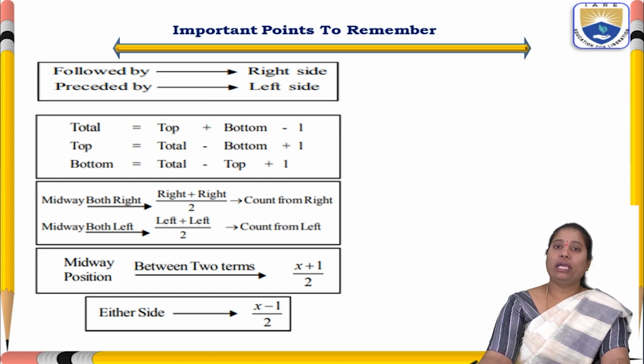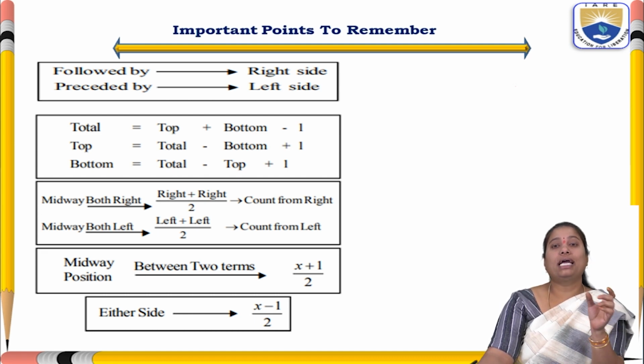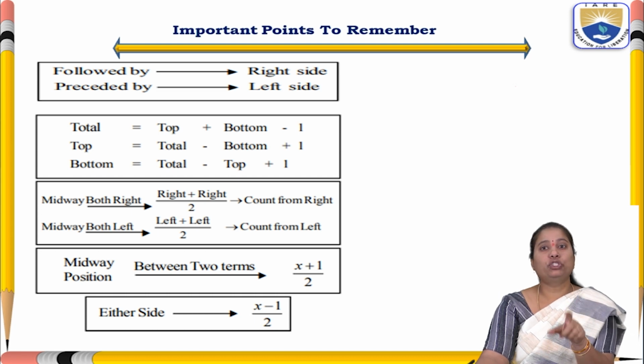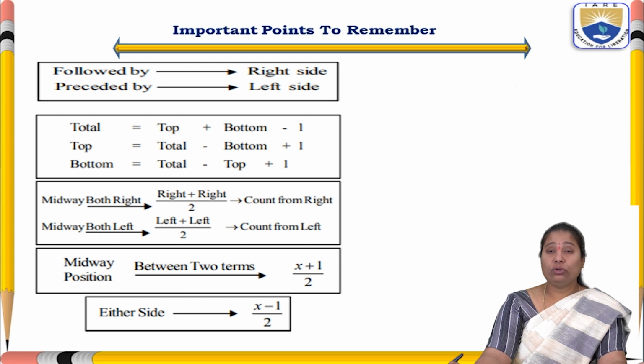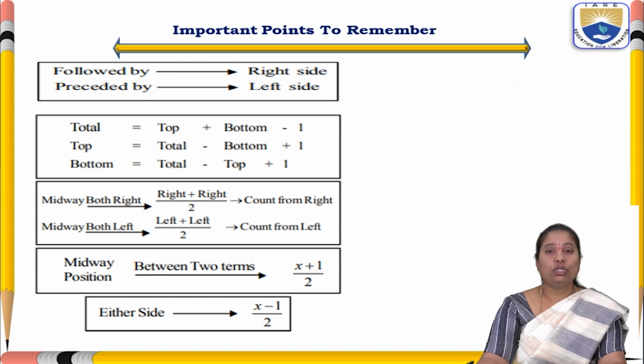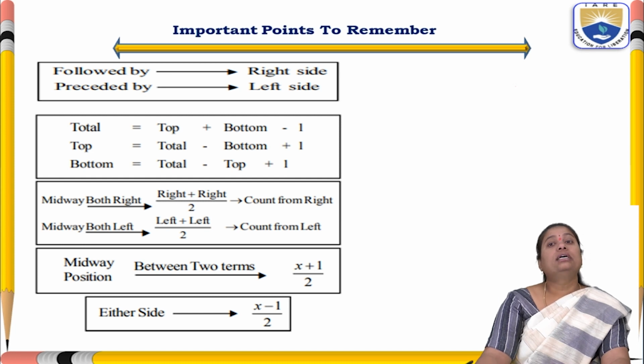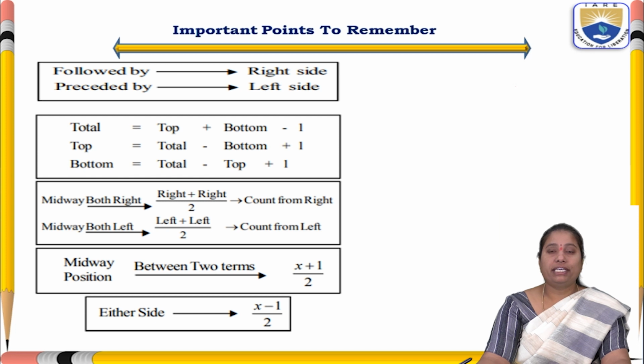For that midway, the formula is right position plus right position divided by 2. And the same when both are left persons: left plus left count divided by 2. Or for the middle term, it is x plus 1 divided by 2.